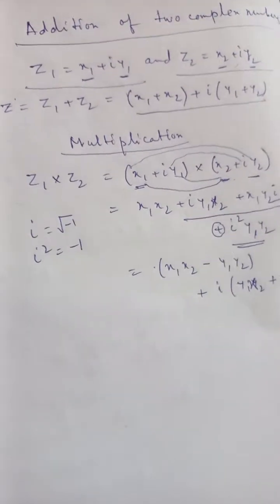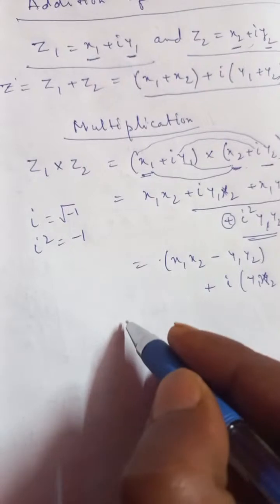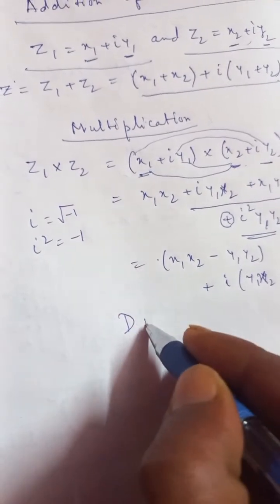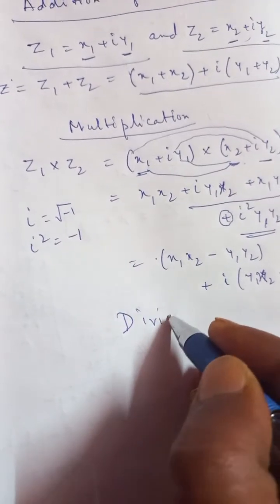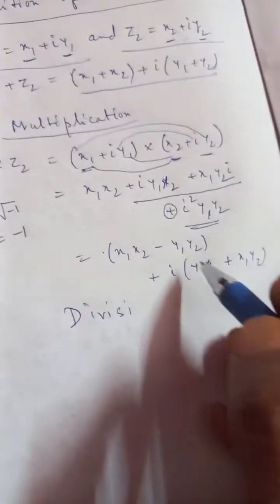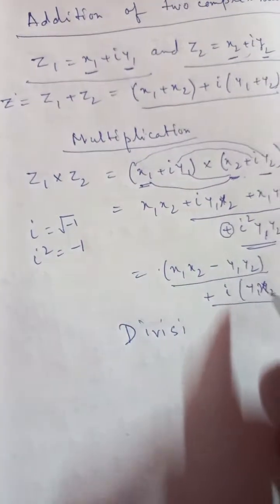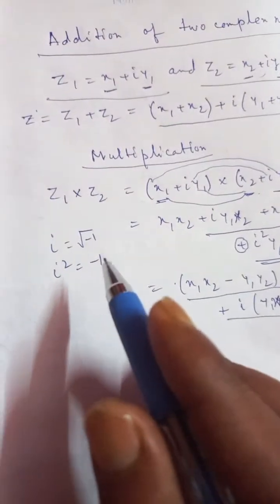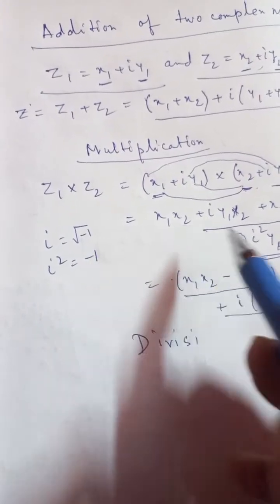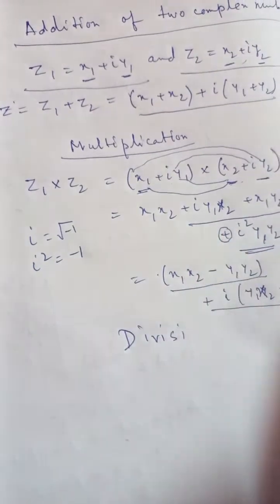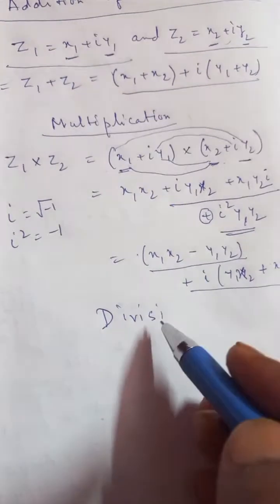Now if we go to division, you can see that multiplication also gives another complex number. After multiplication of two complex numbers, we get another complex number.